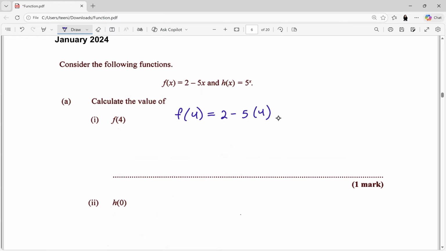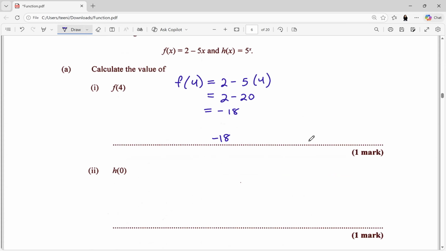So that would be 2 minus 5 times 4, which is 2 take away 20, which is negative 18. So f of 4 is negative 18. To double check that, on your calculator, 2 take away 5 times open brackets 4, close brackets, you'll get negative 18.